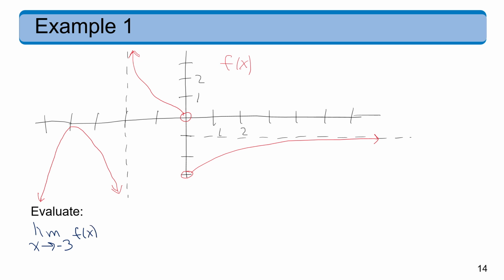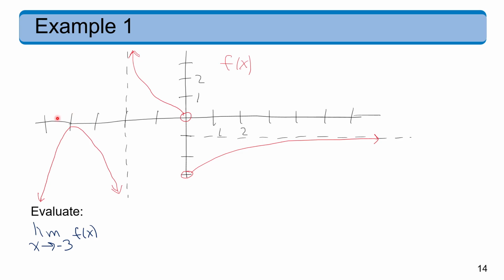So what we would do is first find -3, so that's right here, right, because these are units of 1. And looking at where the graph is, we want to consider what happens as we approach -3 from either side. So let's say we are approaching from the right side. We'd be following along this part of the curve, and it would approach this dot right here.